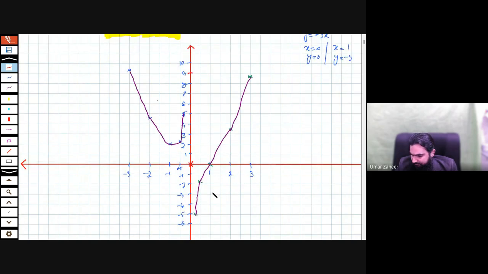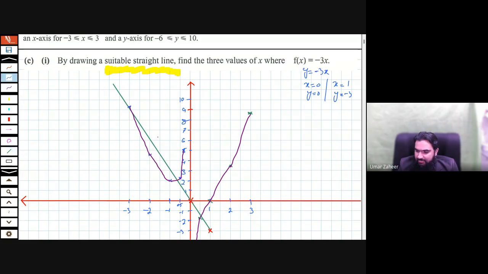Let's see how to meet it. You will get the straight line. So we'll get the line f of x is equal to minus 3x. Is it clear?